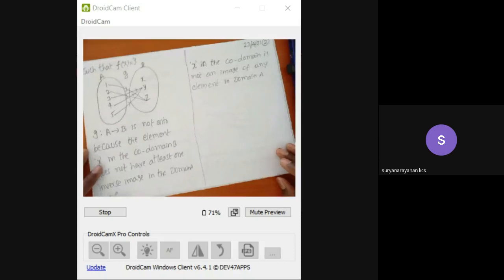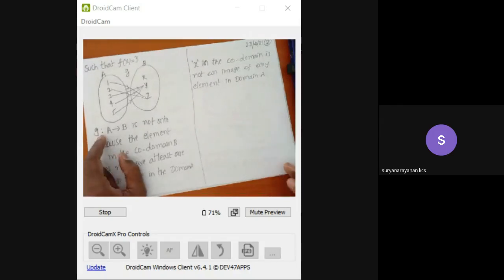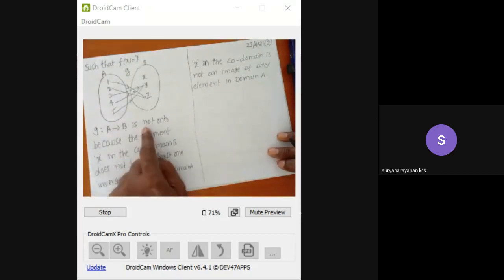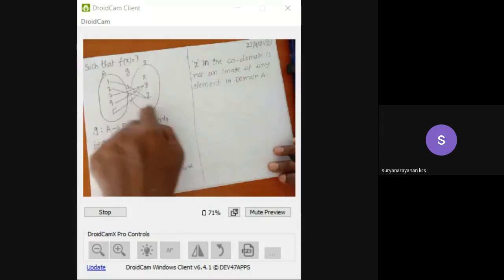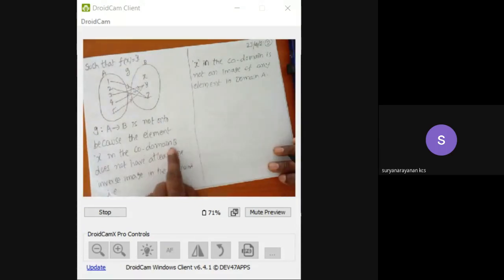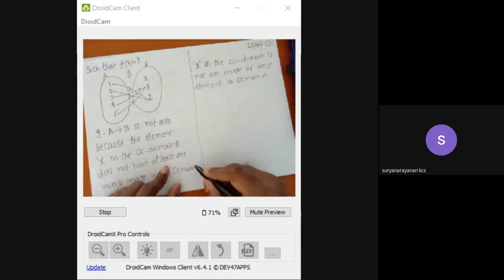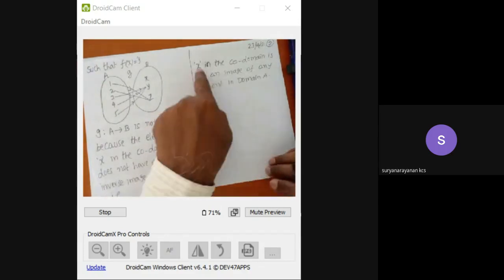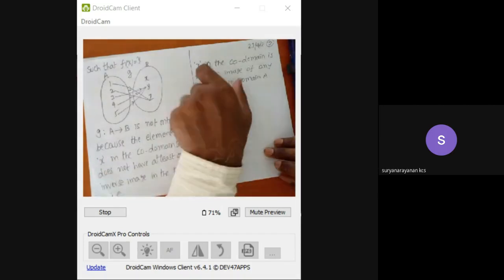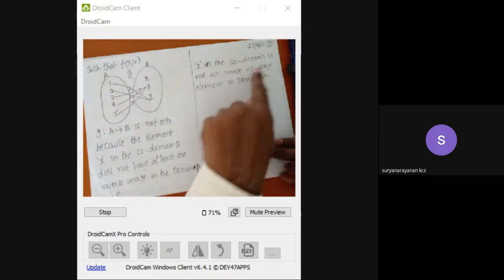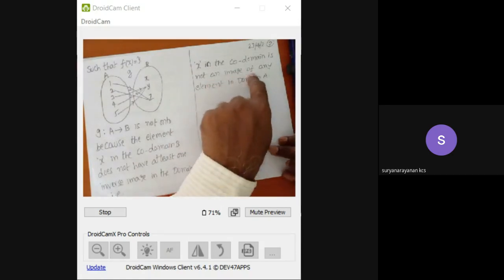See this point, my dear children. Therefore, G is a mapping from A to B, and it is not onto, because the element X in the codomain B does not have at least one inverse image in the domain A. That is, we can write this sentence like this also: X in the codomain is not an image of any element in the domain.